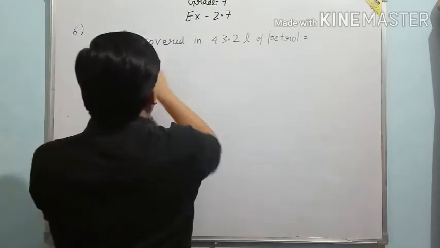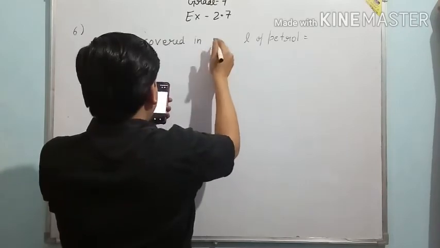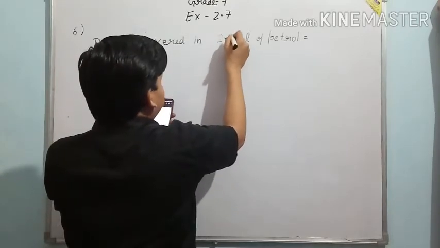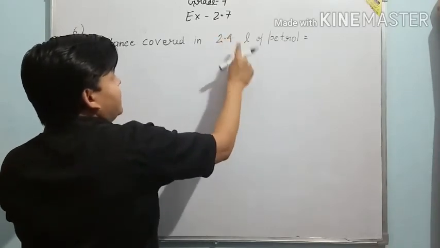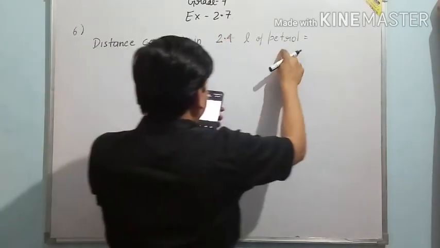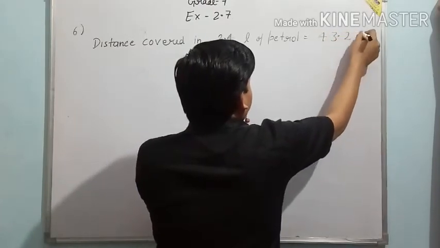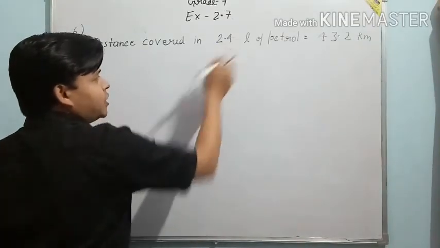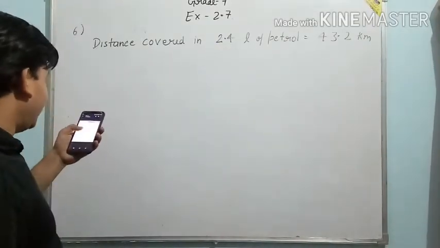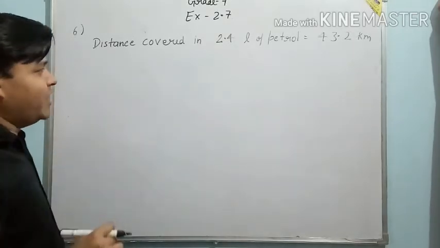This is the distance covered in 2.4 liters of petrol, that is 43.2 kilometers. So this is the distance which is covered in 2.4 liters of petrol. And we have to calculate how much distance it will cover in 1 liter of petrol.